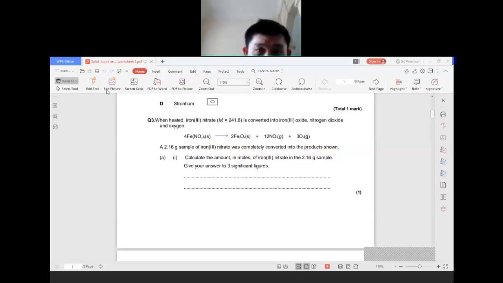We call this a decomposition reaction. Calculate the amount of moles of iron 3 nitrate in the 2.16 gram sample. Give your answer to three significant figures.